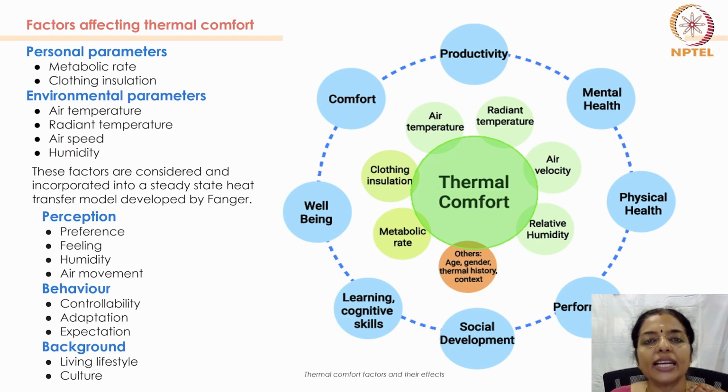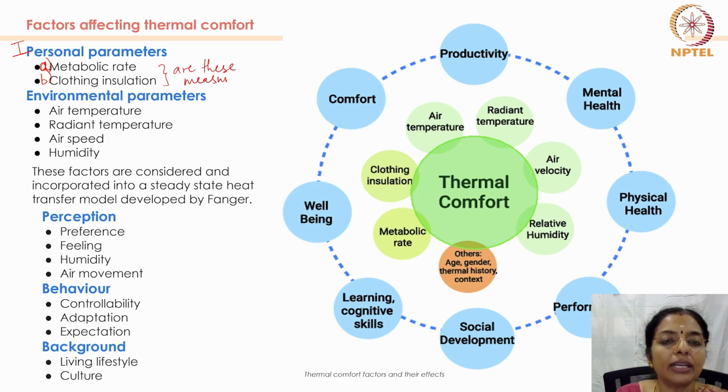Now there are various factors which determine your comfort in the environment. That is personal parameters. In personal parameters, metabolic rate is one and clothing insulation is one. What do you mean by metabolic rate? What do you mean by clothing insulation? Are these measurable? Yes, very much measurable.